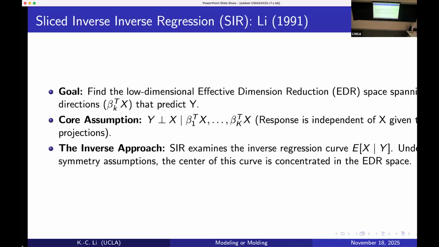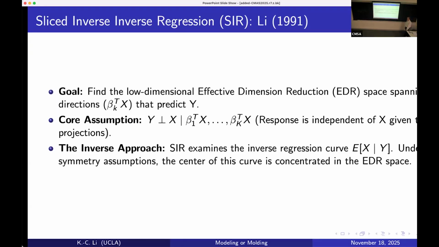Okay, so anyway, I'm going to start with my earlier work on sliced inverse regression, and it's somehow directly or indirectly influenced by these big spheres, or ellipses. So the framework is this.